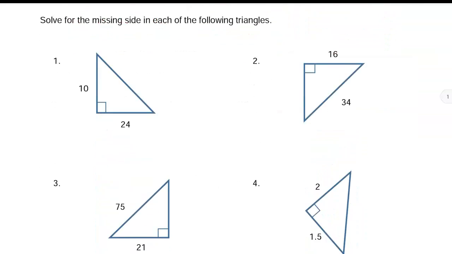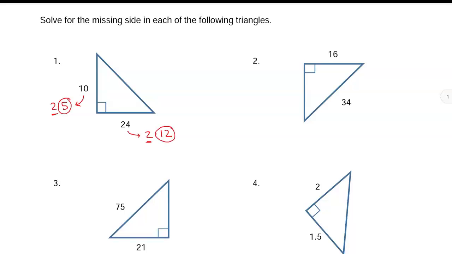Starting with number 1. Before, we would do the Pythagorean theorem on this, but I don't need to. I'm noticing that 10 and 24 are both even numbers, so they both contain a factor of 2. Look at the factors for a moment: 2 times 5 and 2 times 12. Okay, I'm pulling out the same factor. I'm pulling out the 2. What's left behind? There's a 5 and there's a 12.